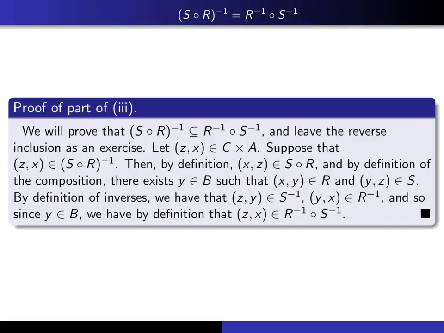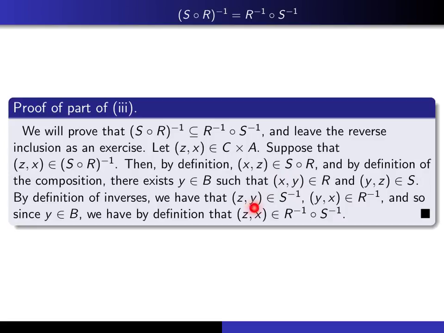Now let's rewrite these as inverse statements by reversing the order. So by definition of inverses, this one here means that zy is in S inverse, and this one means yx is in R inverse.